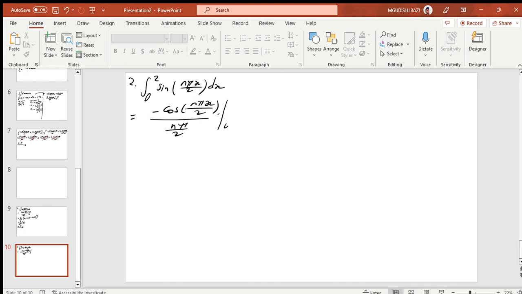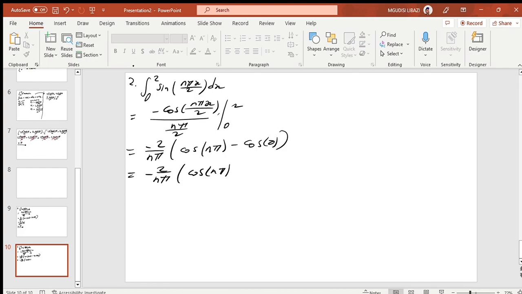That is evaluated from 0 to 2, and then we can take the constant once again as a common factor. That's going to be negative 2 over n pi, and then we are left with the cosine. We substitute the higher limit, we get cosine of n pi minus cosine of 0, so this is negative 2 over n pi times cosine of n pi minus 1, which is the cosine of 0.